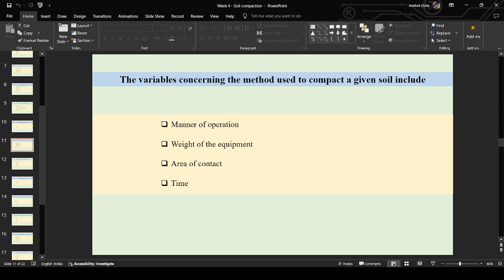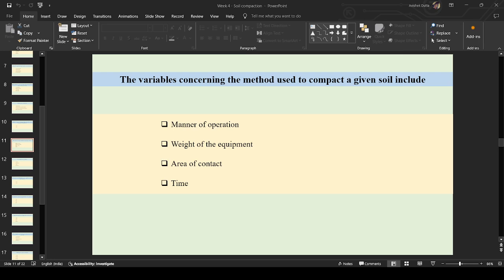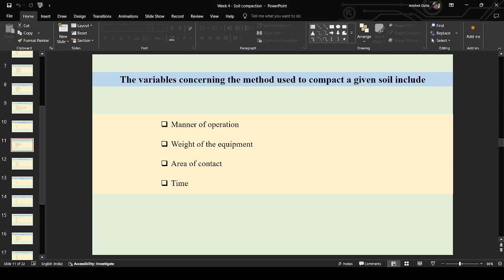The variables concerning the method used to compact a given soil include: the options are manner of operation, weight of the equipment, area of contact, or time. This is a multiple select question, so more than one option can be correct.